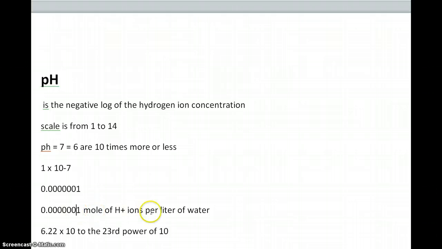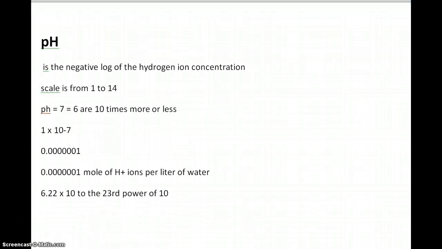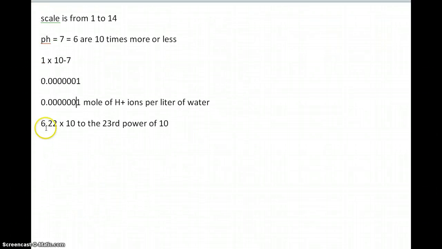And a mole of hydrogen is 1 gram, and a mole has 6.22 times 10 to the 23rd power of molecules. That's Avogadro's number: 6.22 times 10 to the 23rd molecules per liter of water, or molecules, if solid, is a mole.